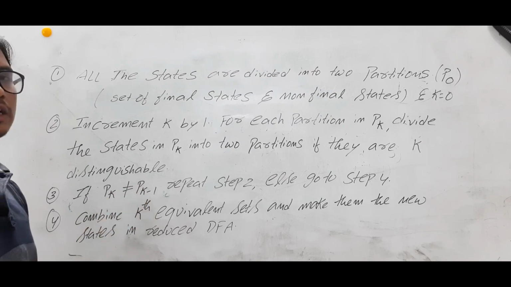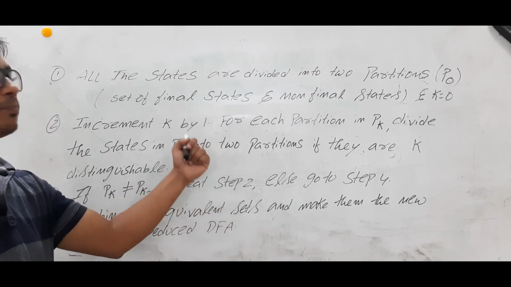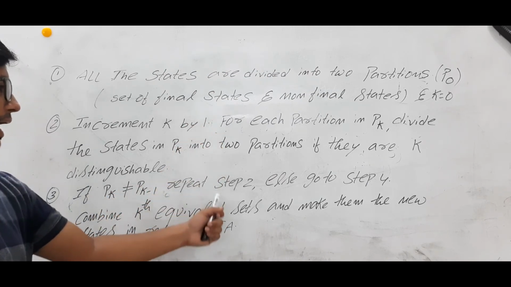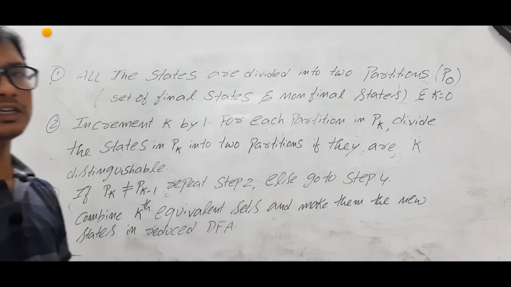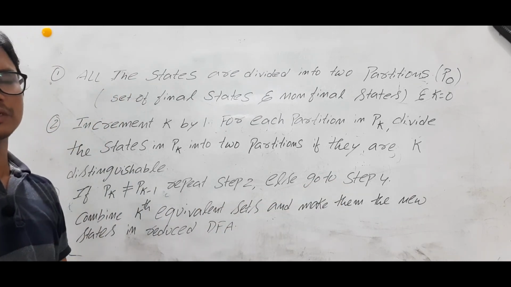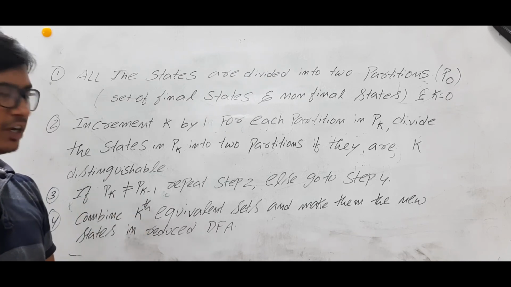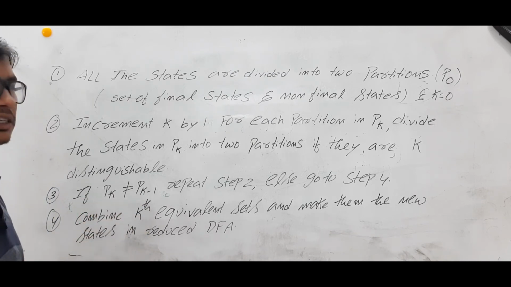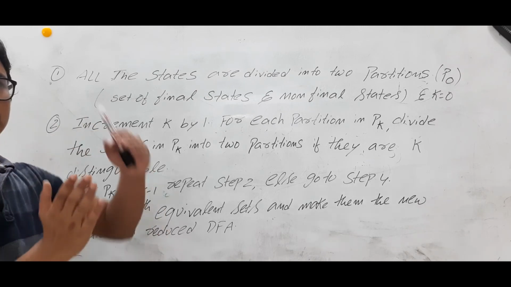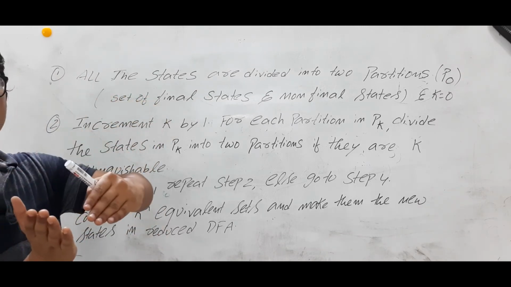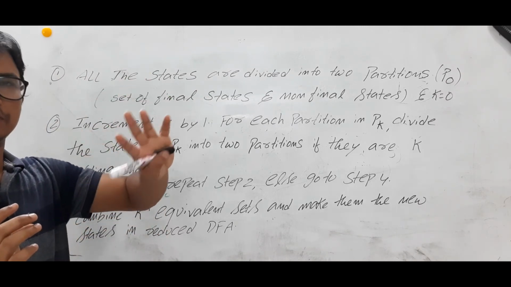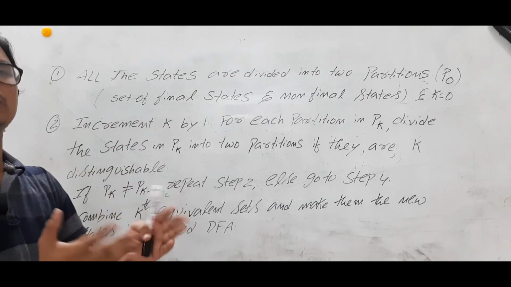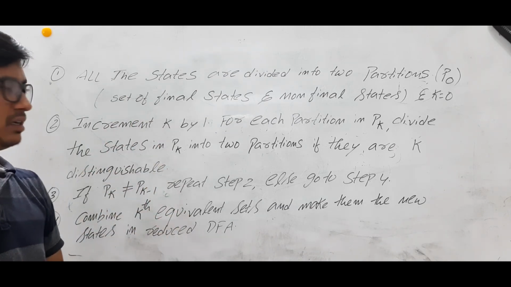If they are not equivalent, then repeat step 2. Else go to step 4, because any algorithm or any procedure should have a termination condition, otherwise it will go into an infinite loop. So the termination condition is, if any two partitions, meaning 1 equivalent and 2 equivalent, are the same, you cannot further divide, then you will stop the procedure of minimization. Is it clear?